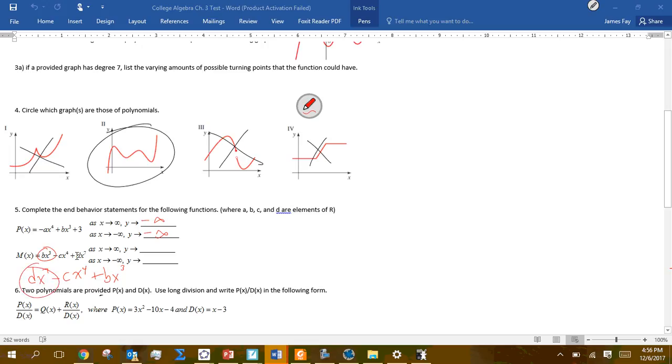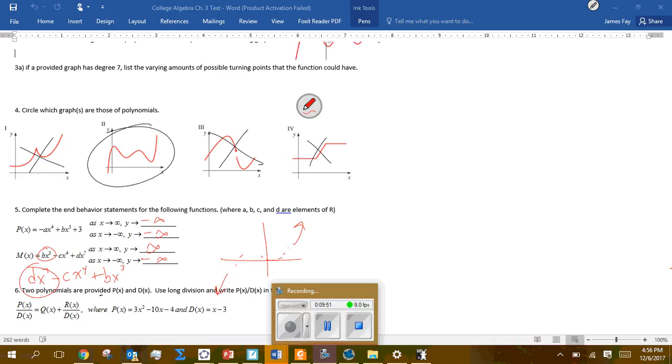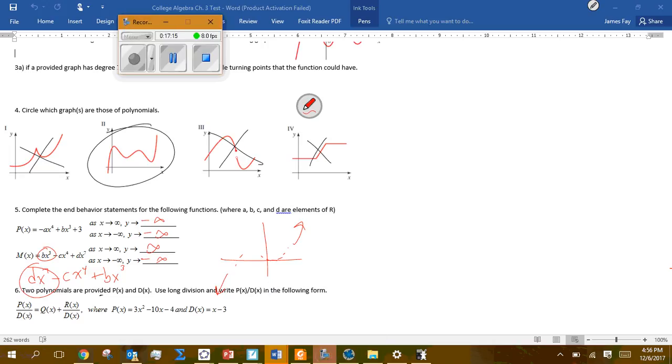That's what's important. Anything that's a 7th degree polynomial is going to look something like that in behavior. Obviously doing weird things maybe in the middle, but as x goes to positive infinity, so does y. As x goes to negative infinity, y goes to negative infinity. So that's what we're looking for in those end behavior questions.